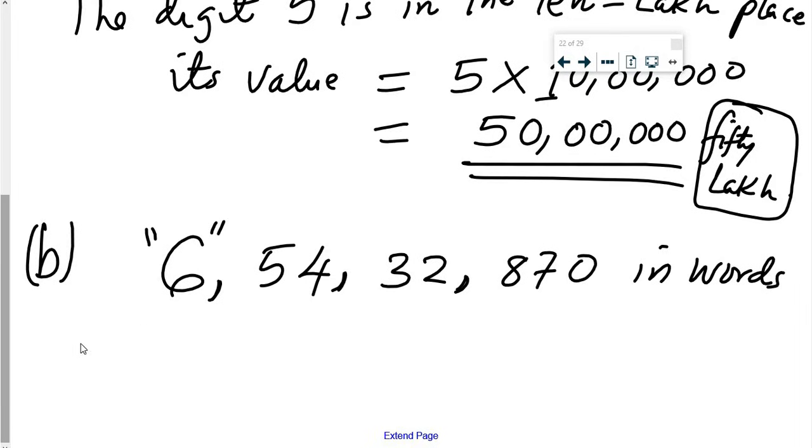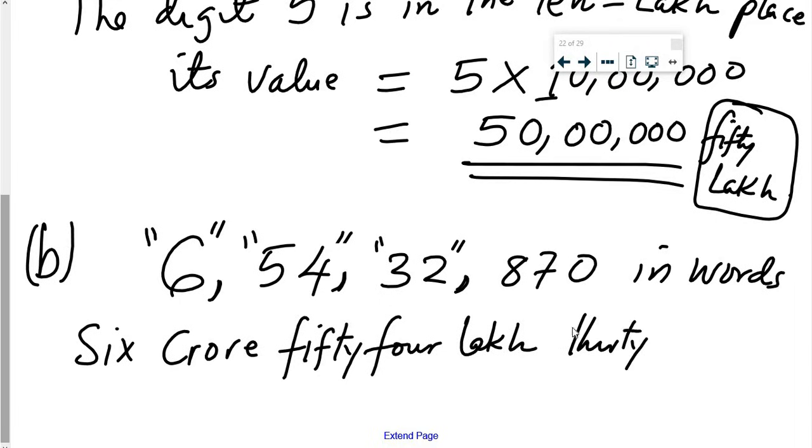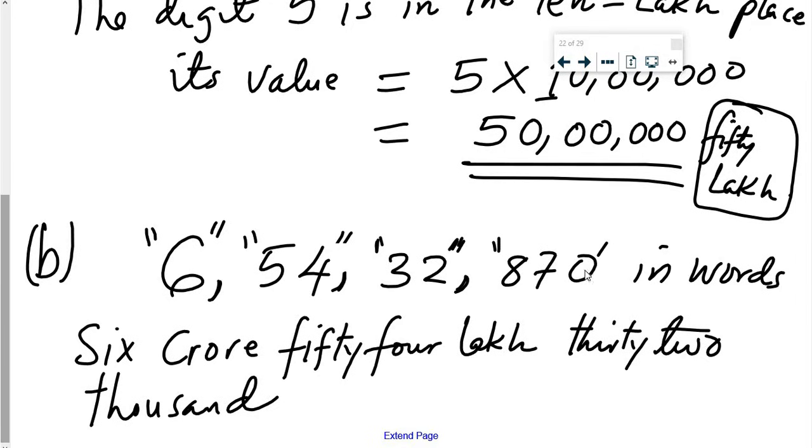So this is read as 6 crore, 54 lakh, 32 thousand, 870.